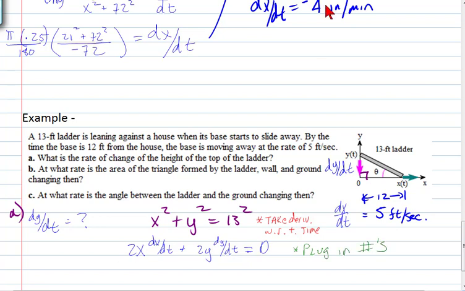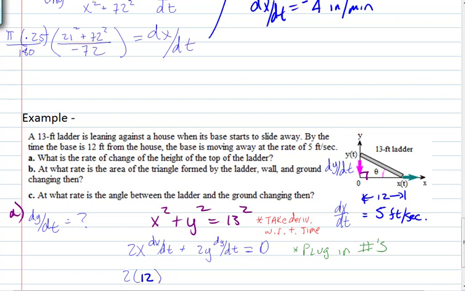All right, so we have 2 times 12, because when the base of the ladder is 12 feet from the house, we're moving at this rate.